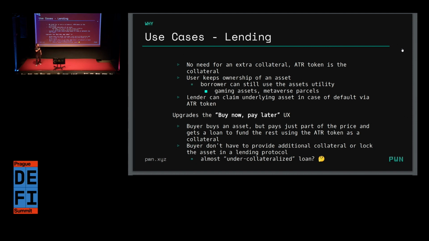Another thing is that it nicely upgrades the buy now, pay later user experience. So again, I'm buying something, and I have just 30% of the price of that NFT, let's say. I can borrow the 70%.